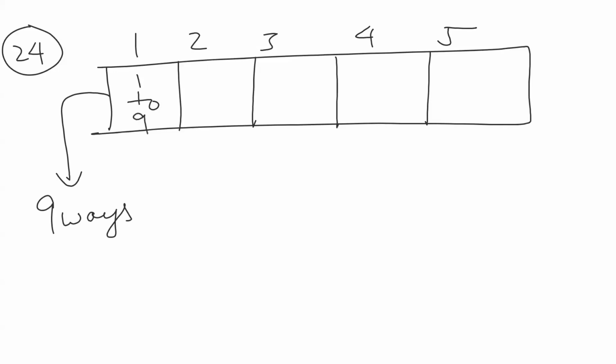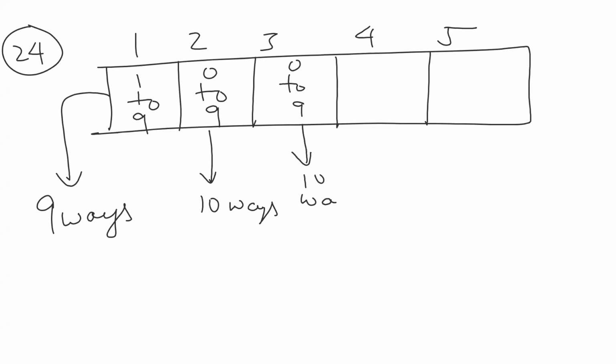The first digit, the 10,000s place, will be occupied with 1 to 9. The second place will be occupied with 0 to 9, 10 ways. Third, 0 to 9, 10 ways. Repetition is allowed.